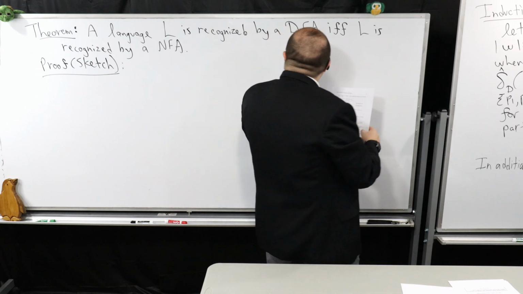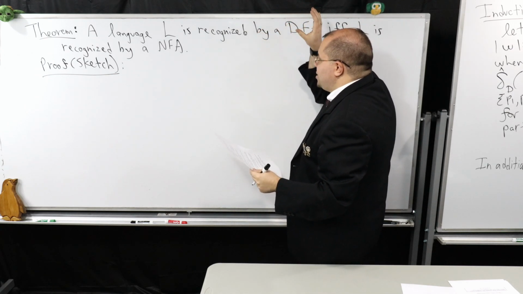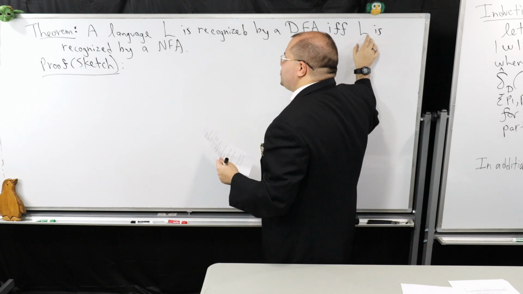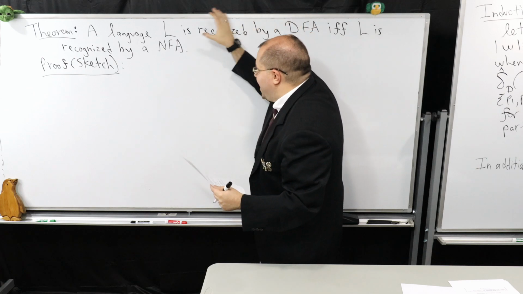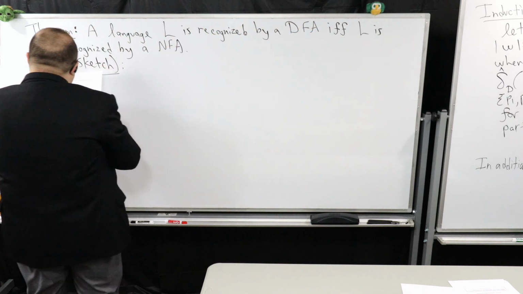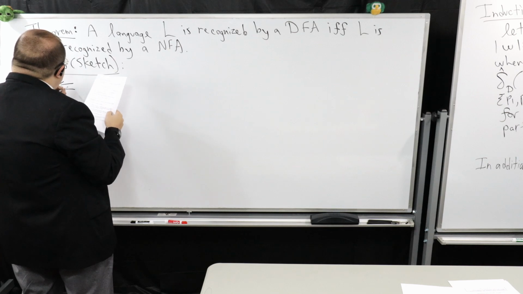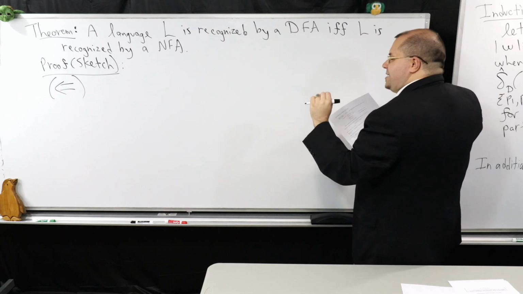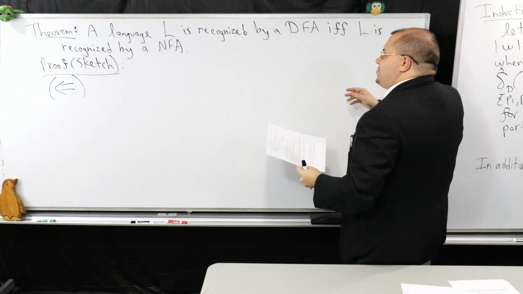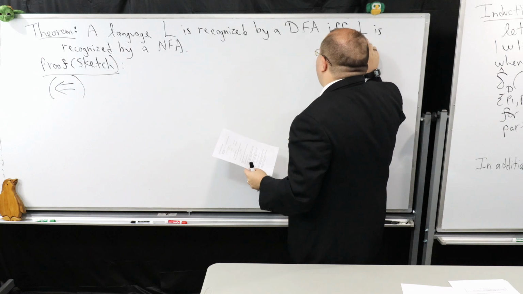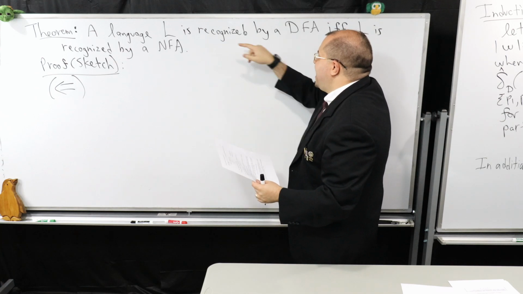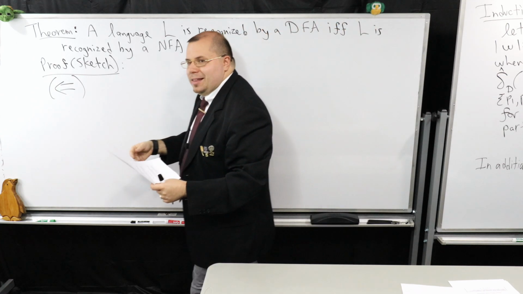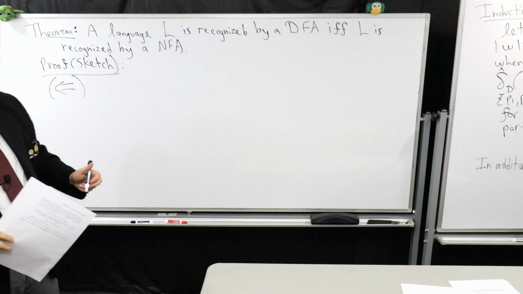So I'm going to consider each part of this. First, imagine I want to show you that if L is recognized by a DFA, then L is recognized by an NFA. I'm going to use arrows to indicate this. I'm imagining I have this laid out in a row, and I'm saying prove this direction, and then I'm going to prove the other direction because it's an if and only if claim.